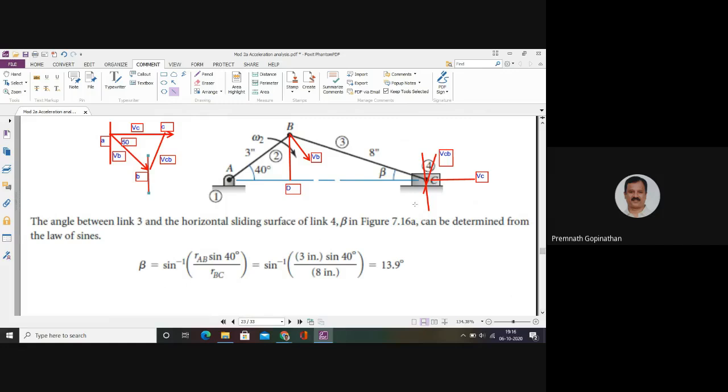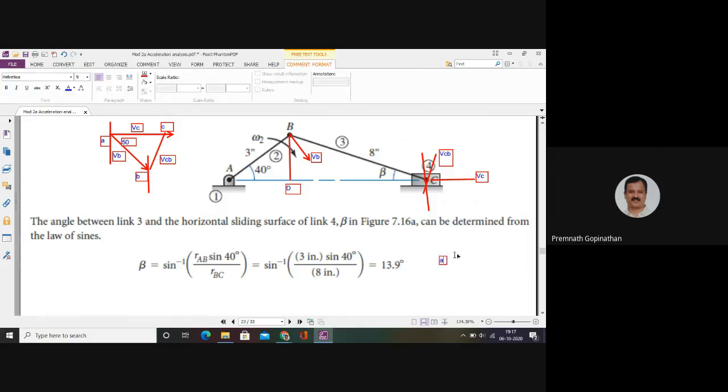Now the other type of acceleration which is present in this link AB is the centripetal acceleration, and that is directed towards the center of rotation, and we call it the normal acceleration. Okay. Now for the normal acceleration of AB, again we have to start with one of the fixed points. So I just name the point here, I can call it small a.